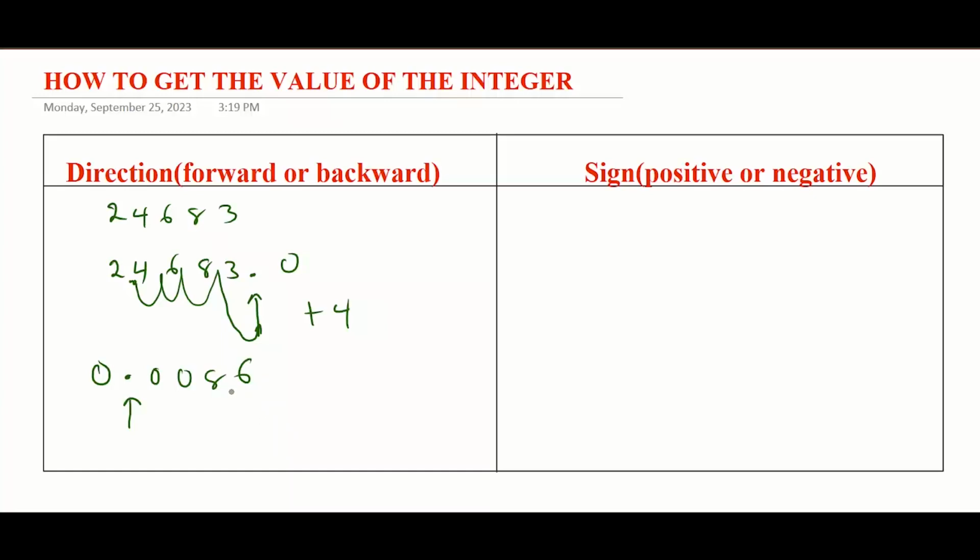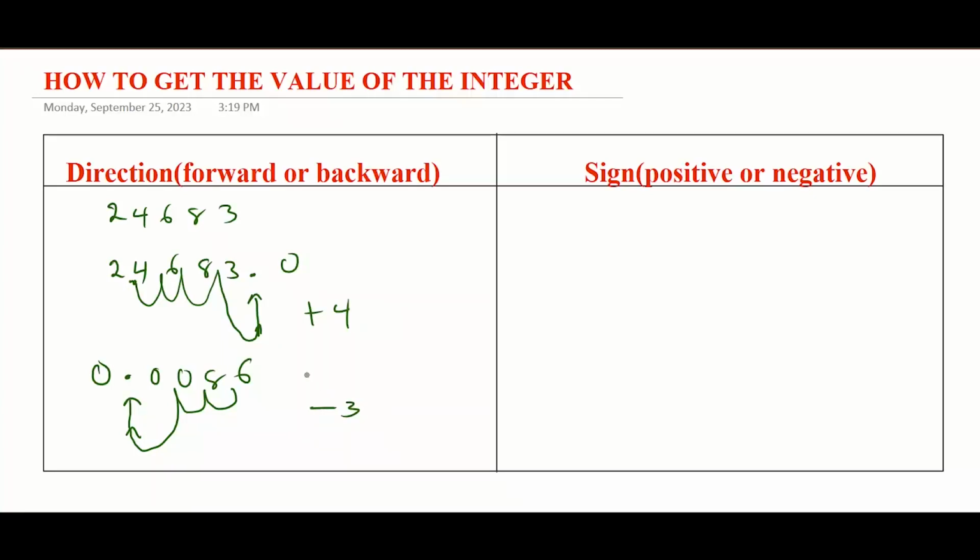It will be in between 8 and 6, as that is where the number meets the criteria. So it will be 8.6. So obviously I have to count towards this direction. So from here, 1, 2, and 3. So since we counted backward, the value of the integer, which is n, is negative 3.